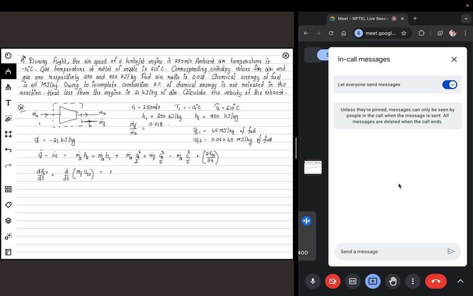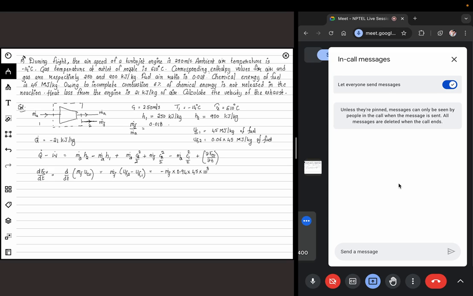So this will be m dot f times uf2 minus uf1. This is to convert from megajoule to kilojoule. So up until this, everything is clear.